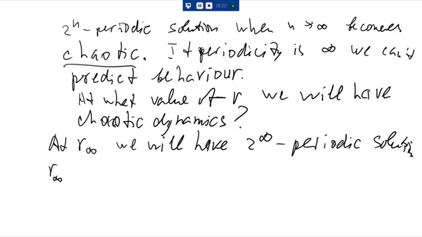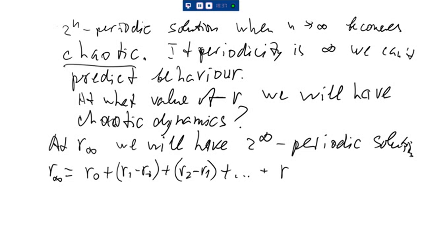And r infinite, we can put it like this. R infinite equals r naught plus r1 minus r naught plus r2 minus r1 plus so on, plus rn minus rn minus 1, and plus so on. So this equals r naught plus r1 minus r naught. This is fine. And now we can use the first Feigenbaum constant.